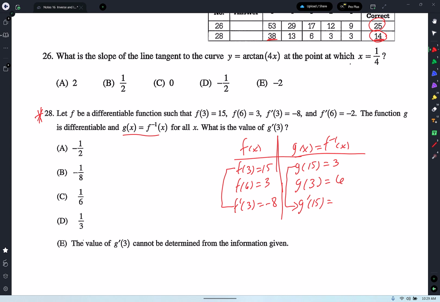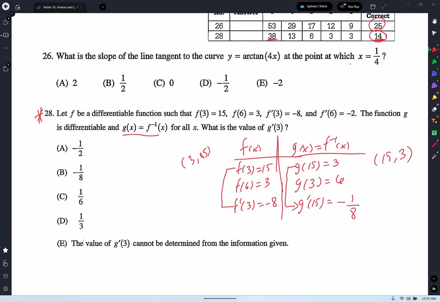Does that make sense? That's the point of tangency, guys. 3, 15 is my point of tangency, so on the inverse, that's 15 comma 3. So if f prime of 3 is negative 8, then g prime of 15 is negative 1/8.